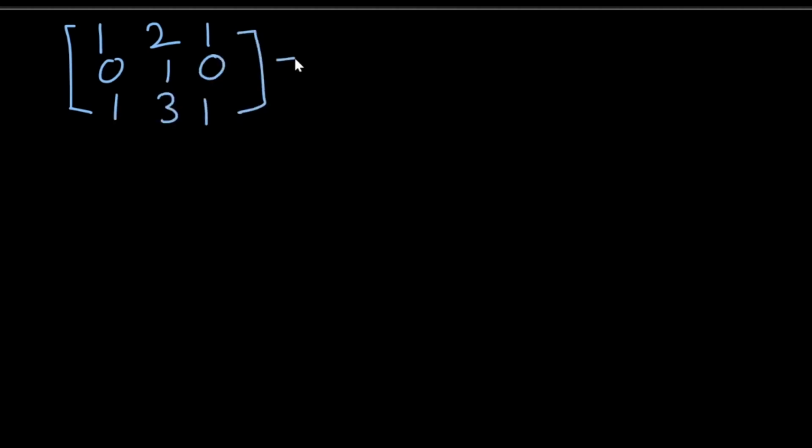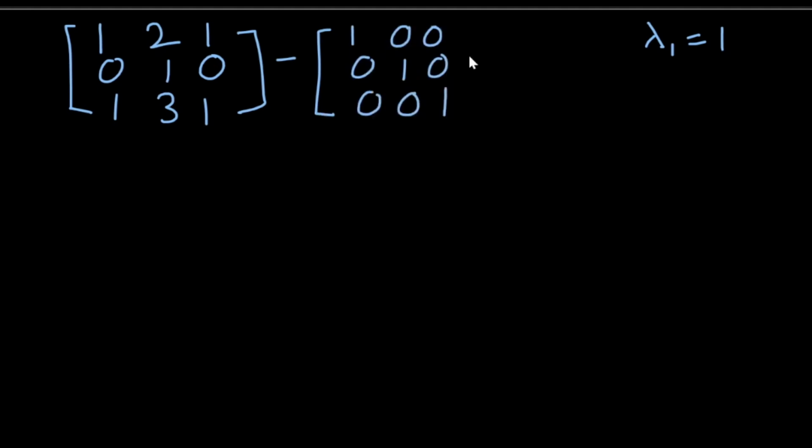So to find V1, remember A, 1 2 1, 0 1 0, 1 3 1, minus lambda I. So I'm going to start with lambda 1 equals 1. So lambda I would be 1 0 0, 0 1 0, 0 0 1, multiplied by V equals 0.